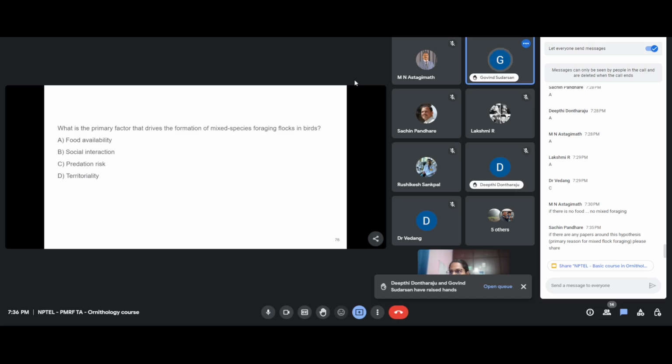Yes, Deepthi. I was just wondering if it's possible that different mixed species flocks form for different reasons.